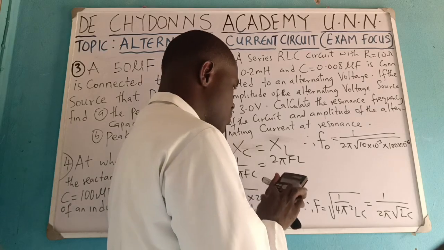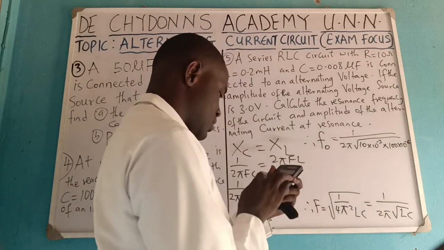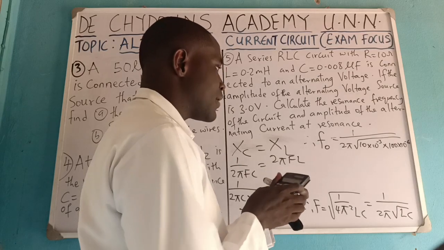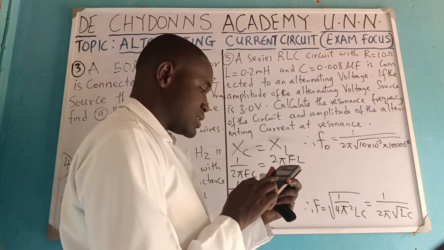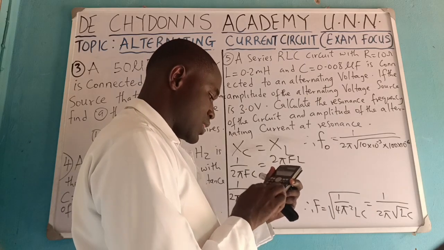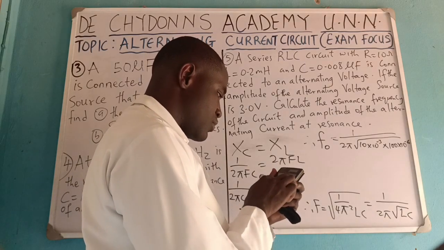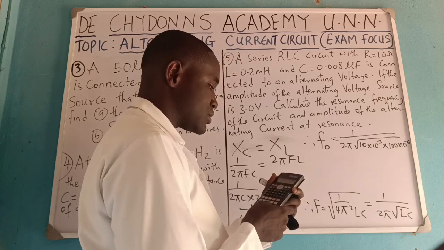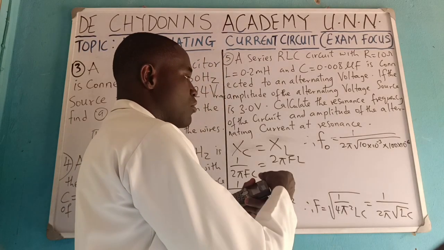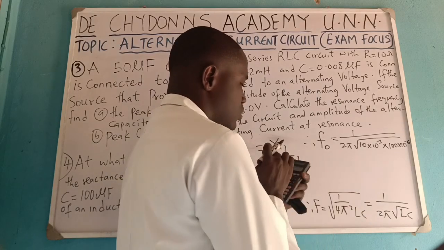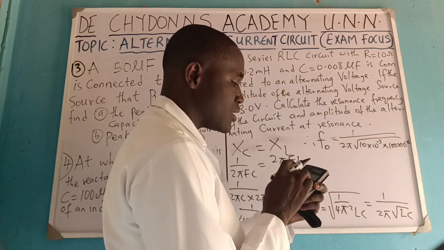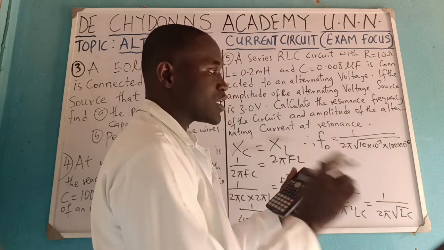Write square root bracket, multiply this: 10 times 10 raised to power of minus 3 times 100 times 10 raised to power minus 6. Close the bracket.